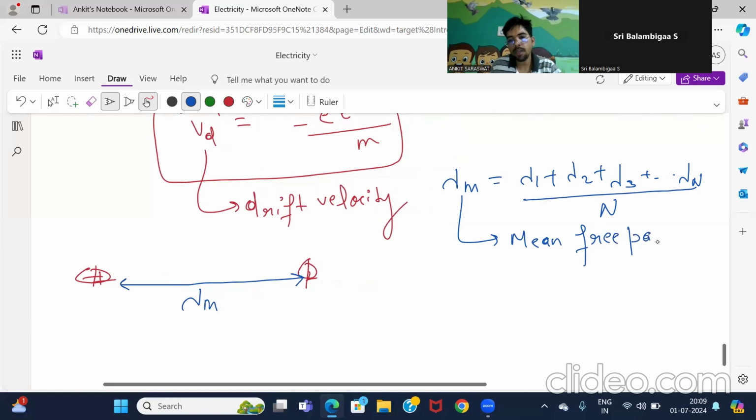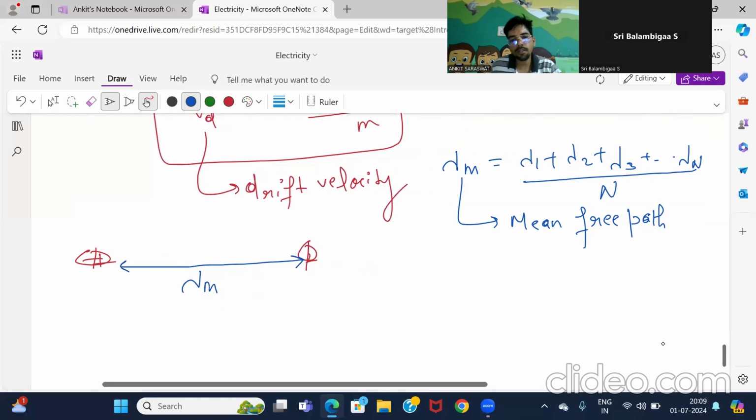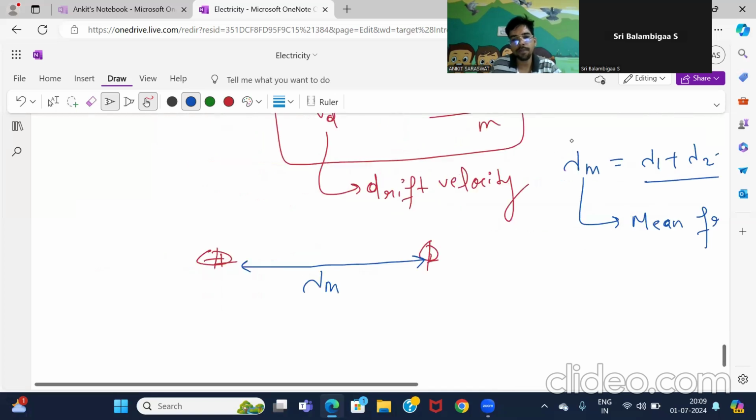So what is the average path in every kernel? Lambda m. If the average path between two kernels is lambda m, then how much time will an electron take to move from one kernel to another? After collision this electron will move up to here.